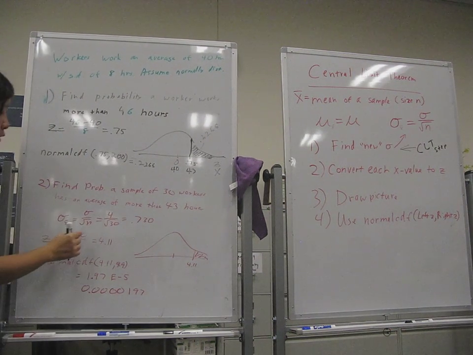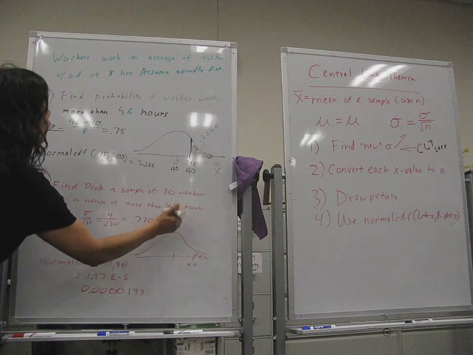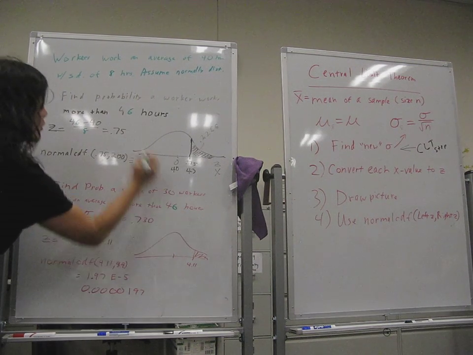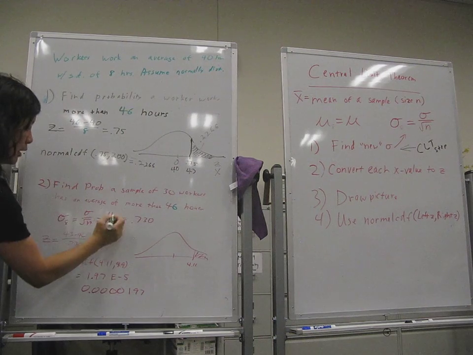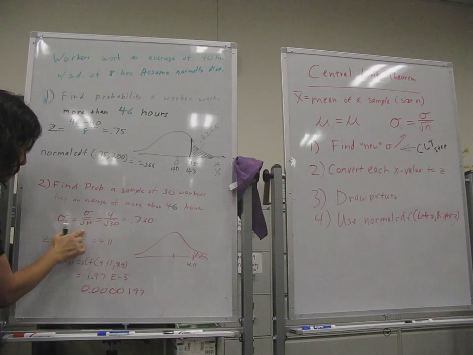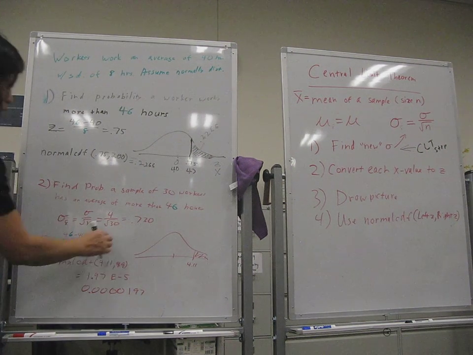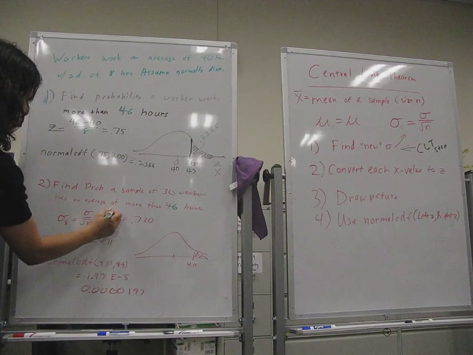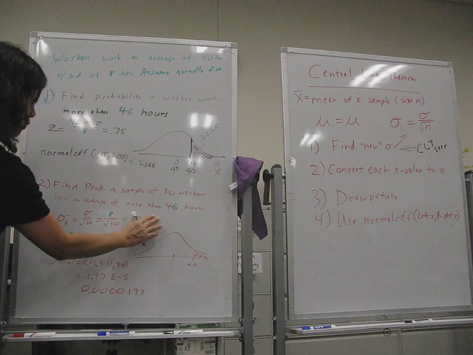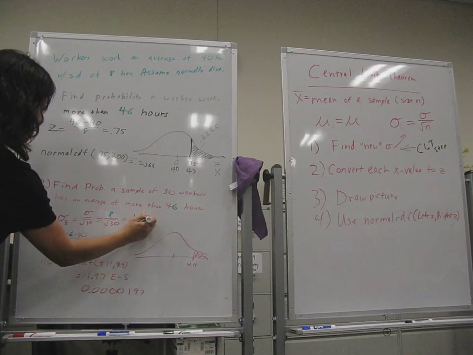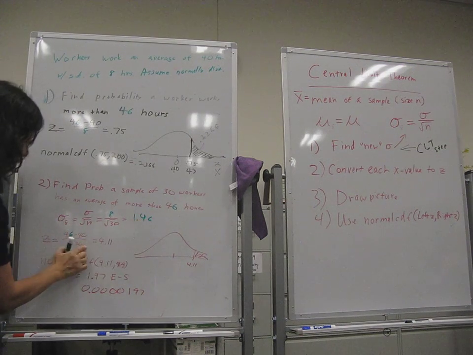And then if I did it here, 46 hours, then we'd have 46 over this, which would be 8. So then this would be 1.46.